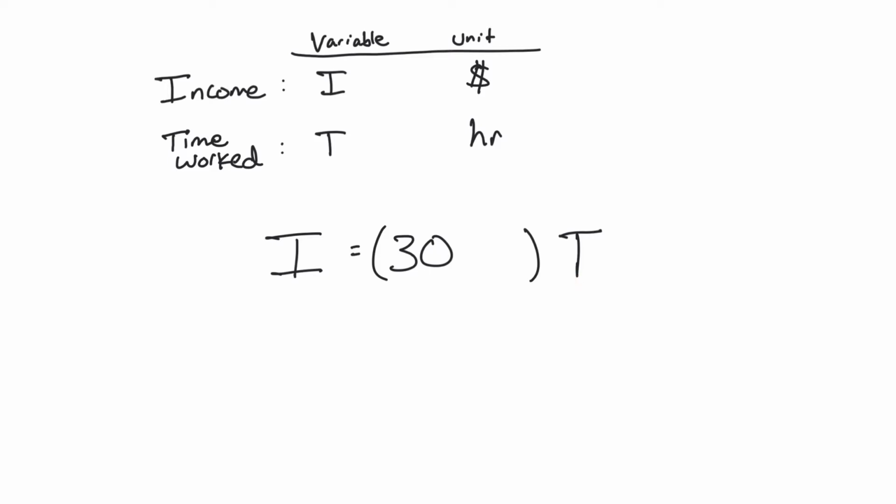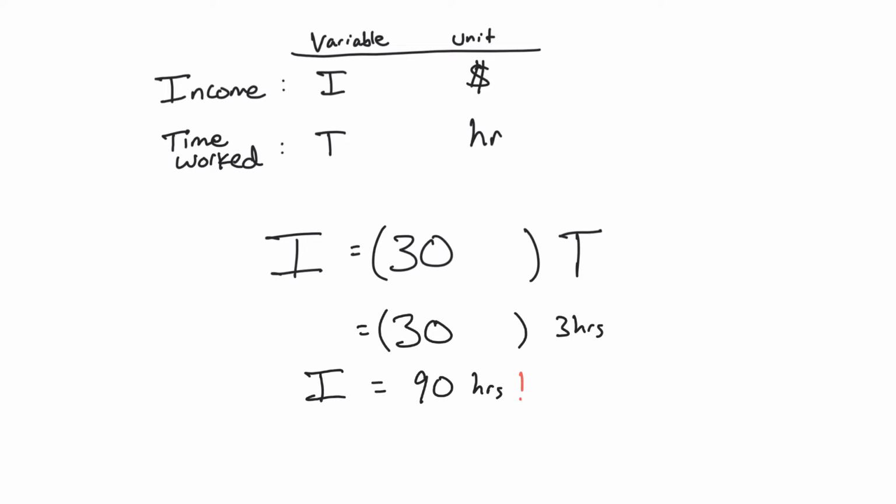But if you were to plug in, for example, with this formula the way it currently stands, say 3 hours, well, we would get 30 times 3 hours. And if we just follow the units here, this would give us 90 hours. And that would say that our income is equal to 90 hours. That doesn't make any physical sense.